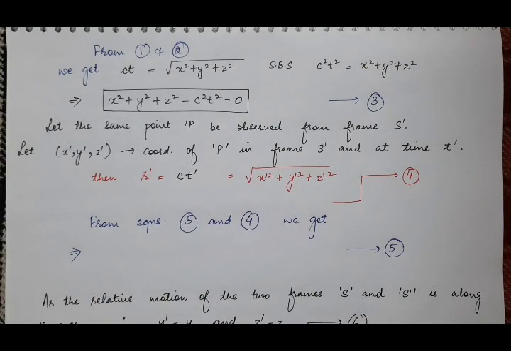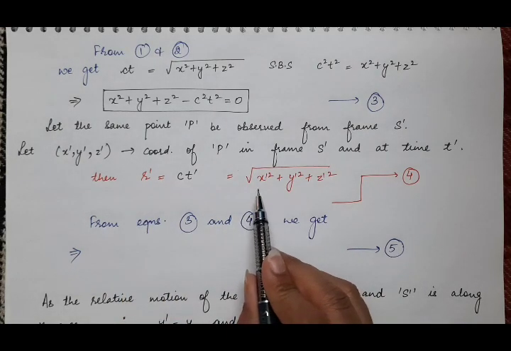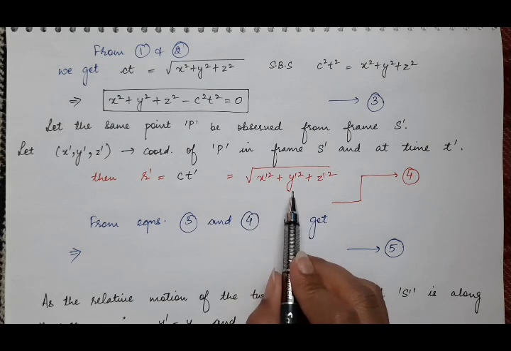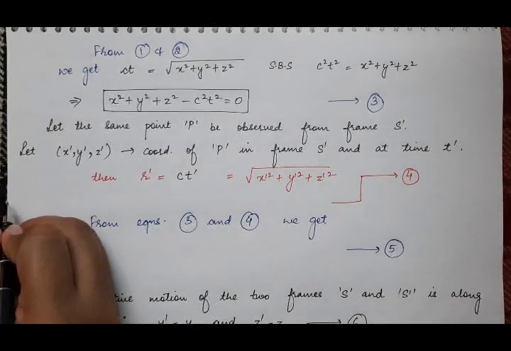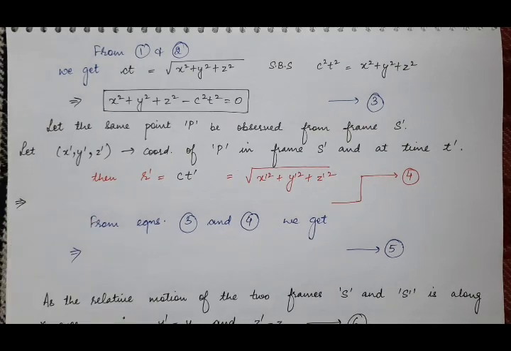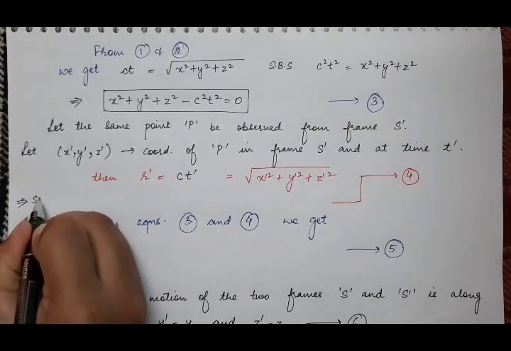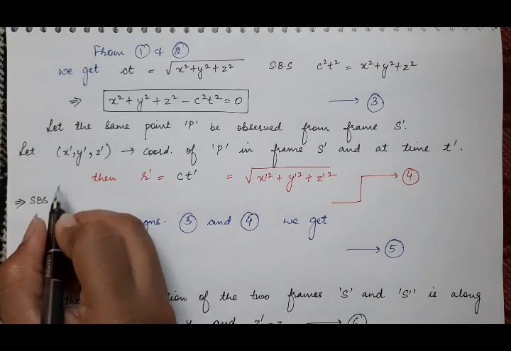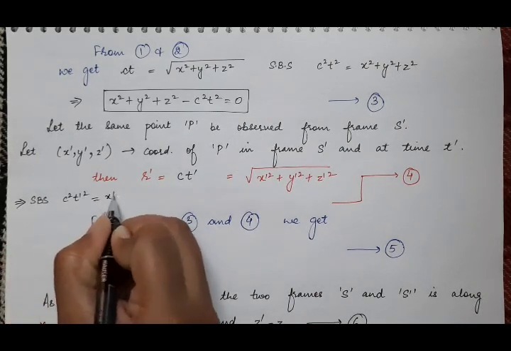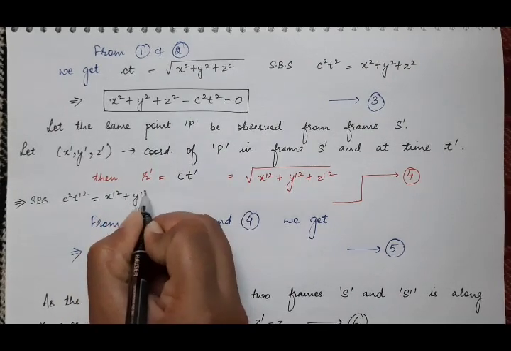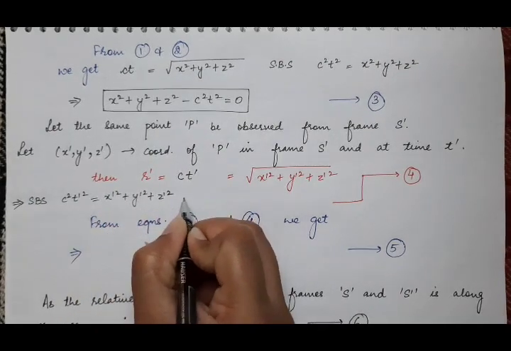And also because x dash, y dash, z dash are the coordinates of point P in frame S dash, r dash will also be equal to root of x dash square plus y dash square plus z dash square. So again performing squaring on both sides, you will get c square t dash square equal to x dash square plus y dash square plus z dash square.